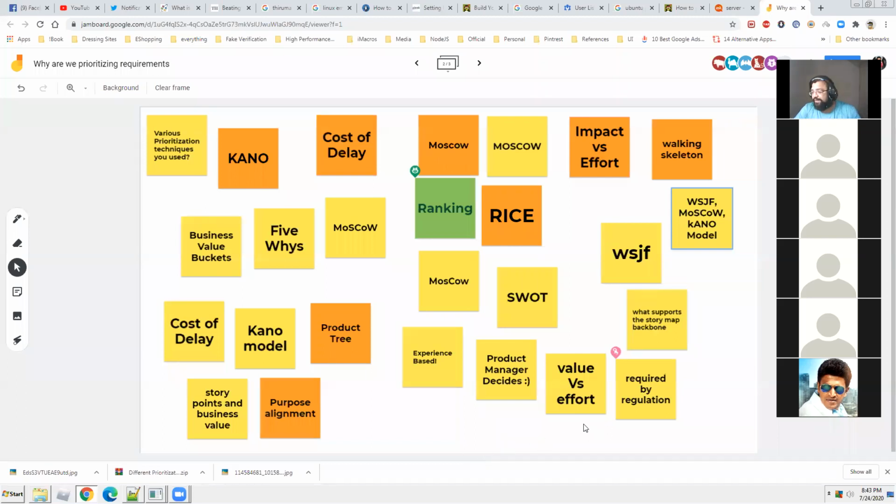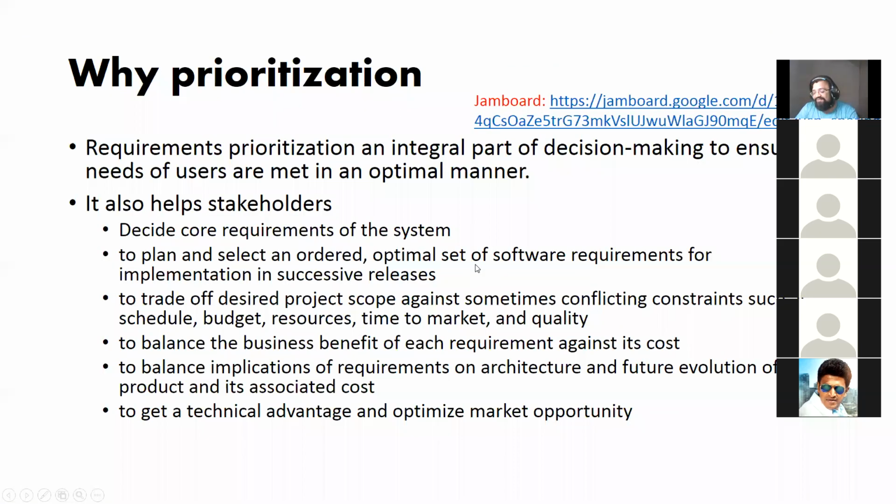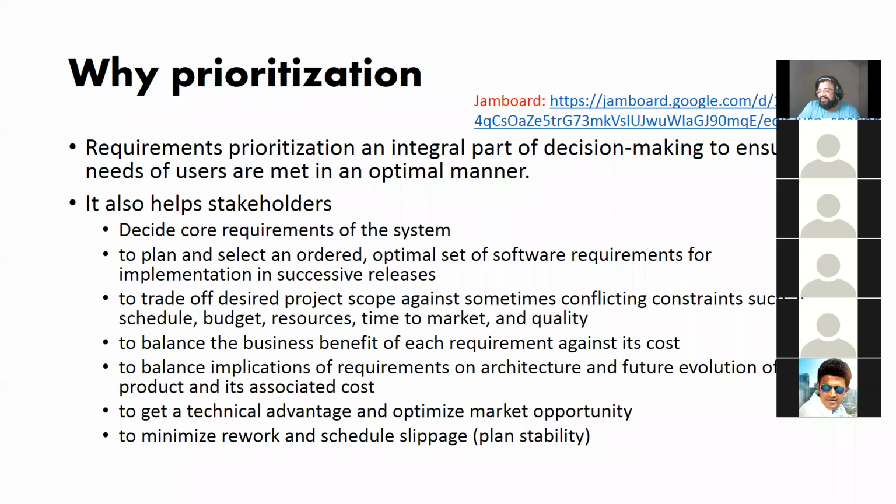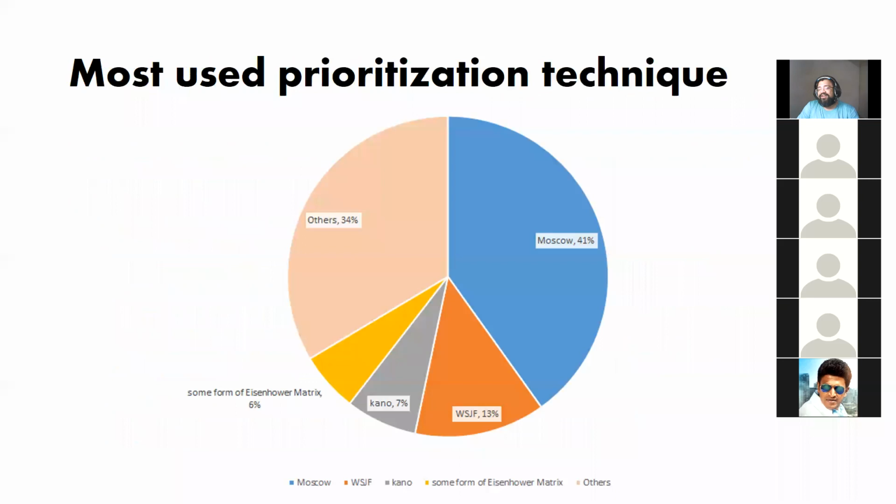There are a lot of other methods also used. Correct. So when you registered for the session, I asked a question: what are the different methods that you used? This is just like a survey. So when I looked at it, this was my result.